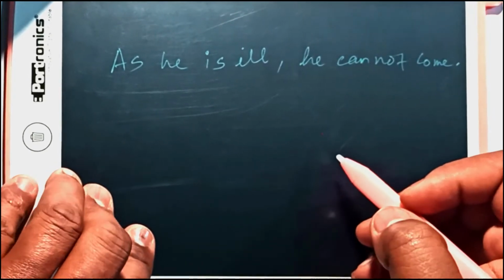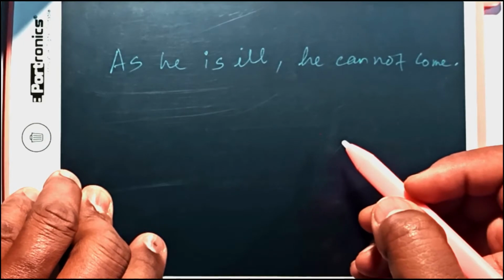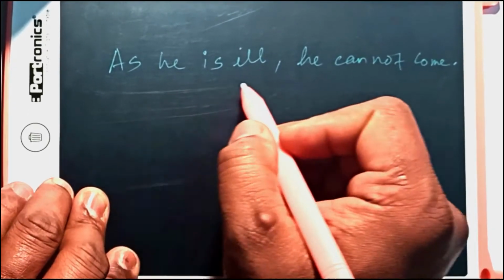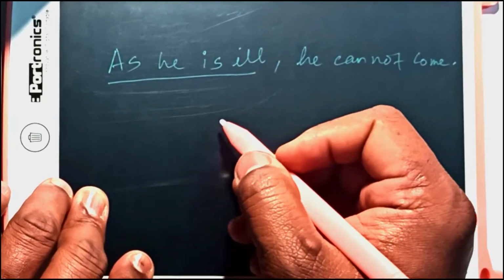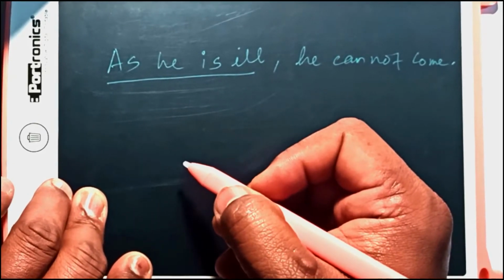Now let us look at how we can see a clause. Distinctively, we have to understand a clause is a group of words, a sentence is also a group of words, a phrase is a group of words.